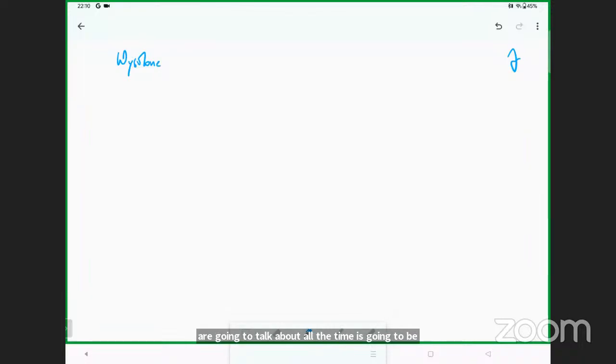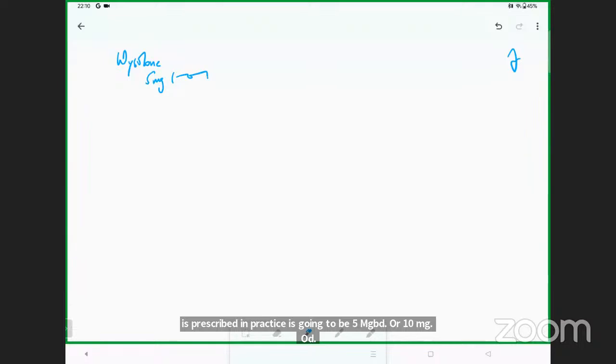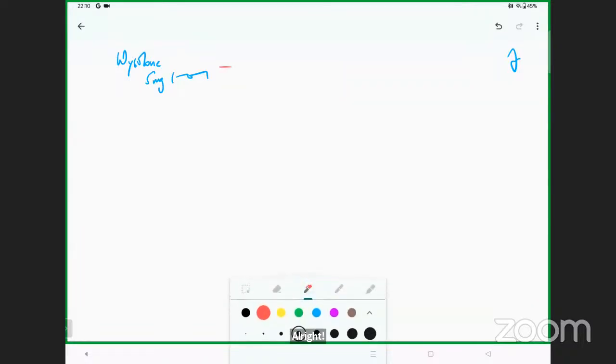The standard dose of Wysolone, which is prescribed in practice, is going to be 5 mg BD or 10 mg OD. So I'll just write down 5 mg BD. This is the standard dose which you are going to prescribe. Of course, it is very cheap. And of course, remember one thing. It is not a standard drug for stimulation at all.